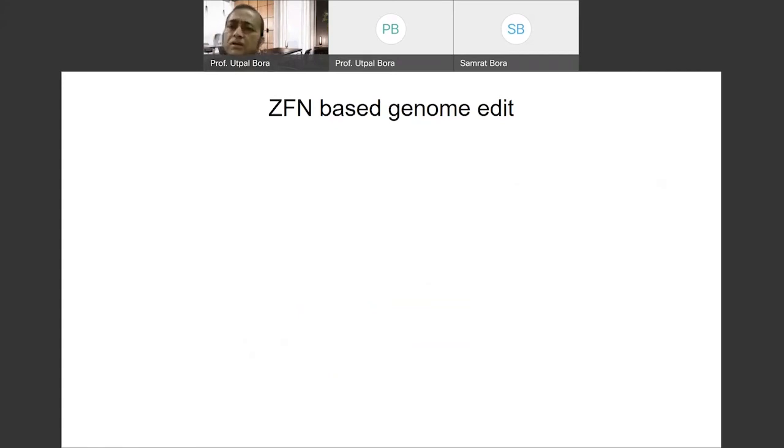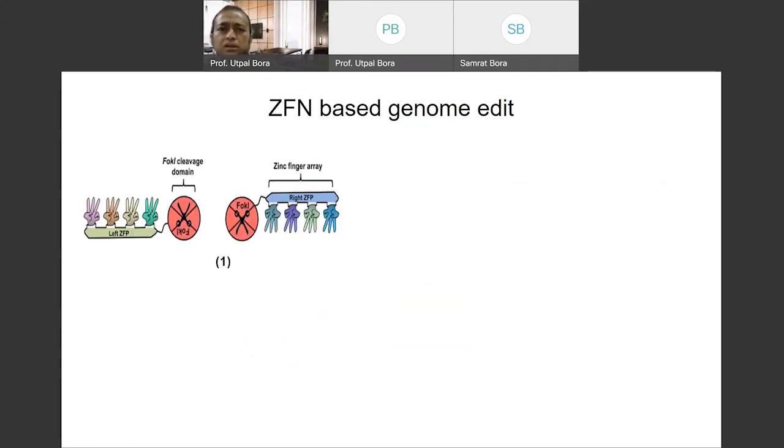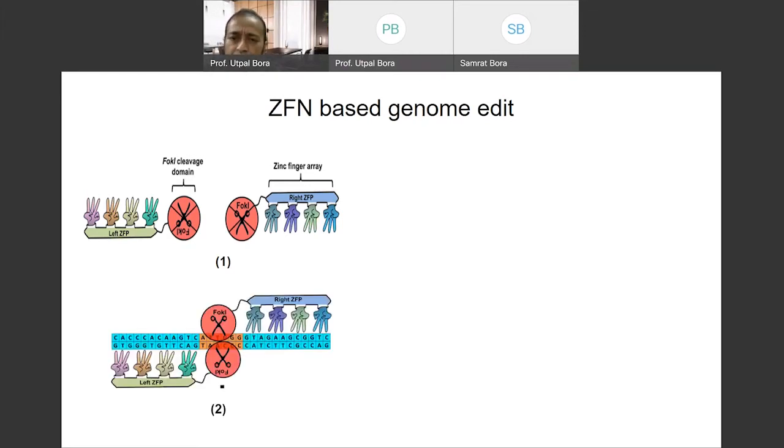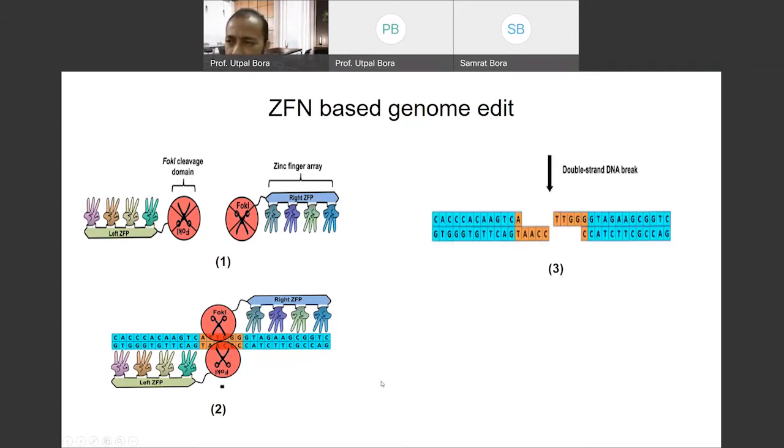So, zinc finger nuclease based genome editing. This is your left zinc finger protein, and this is your right zinc finger protein. The left is on the template strand, and the right is on the coding strand. Now they will dimerize the FokIs, which were the half FokIs we were using, and cut the DNA at that particular site.